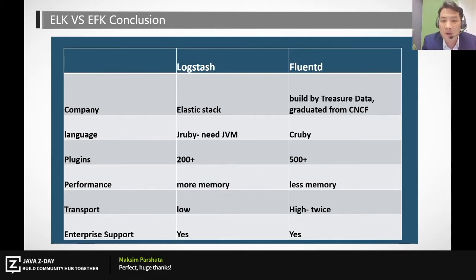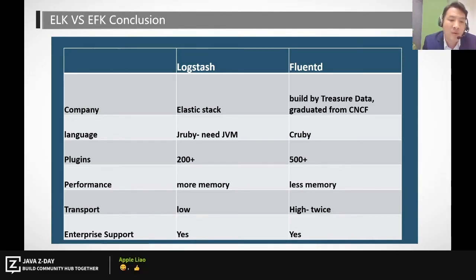Fluentd is written with CRuby, so it doesn't need any JVM. For plugins, Logstash has 200 plugins supported. Fluentd has more than 500 supported.